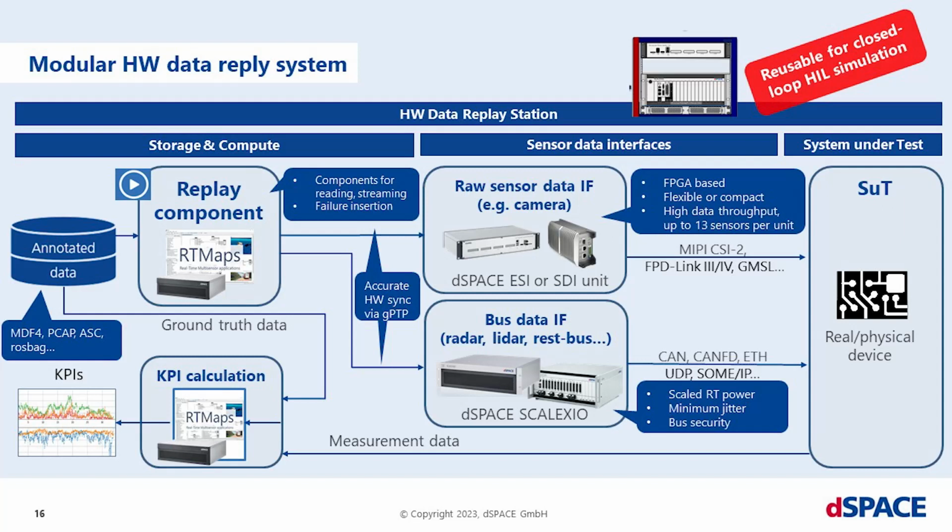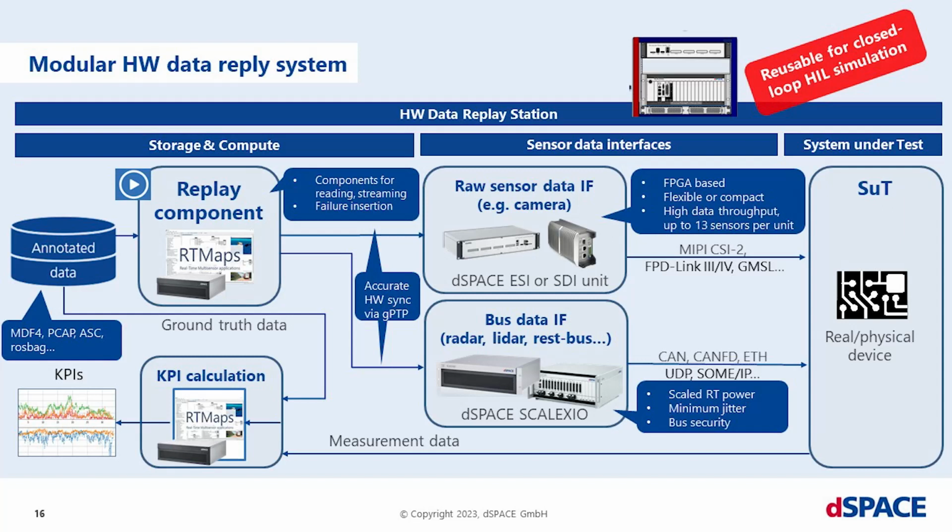In parallel to raw and bus data injection, measurements are taken on the SUT output and passed to the KPI calculation component to be compared with related ground-truth information which was created during data annotation. Key performance indicators allow making assumptions about the maturity level of the examined SUT.